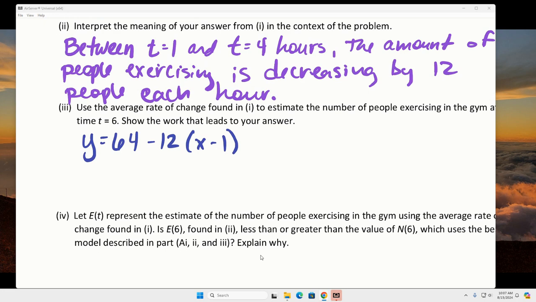All right, and then we're going to plug in 6. Okay, so it looks like we get 64 minus 60.